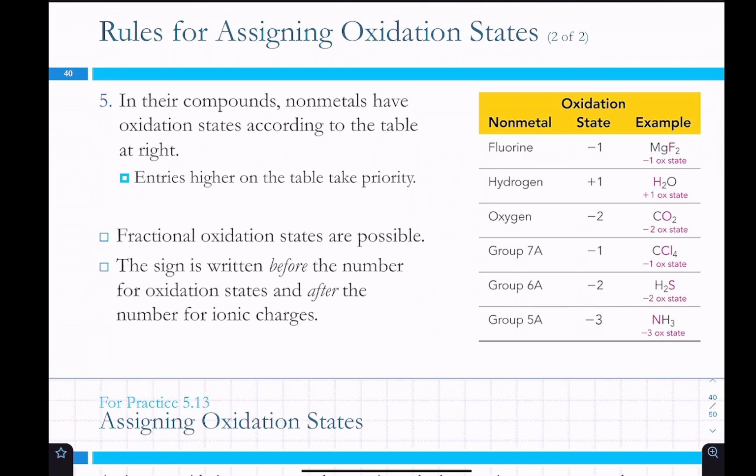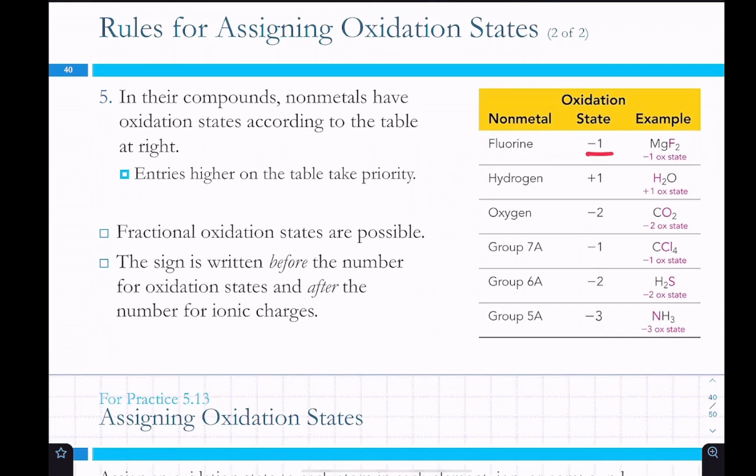And this table is hierarchical, which means that the higher up on the list it is, the more priority it has. So fluorine or fluoride is always going to have an oxidation state of -1. Doesn't matter what it's bound to, always -1.